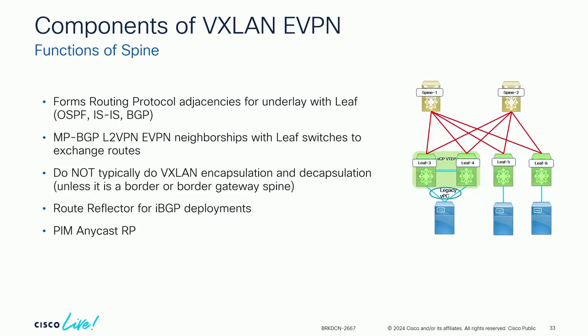We talked about the fact that EVPN is very much based on BGP, and route reflectors, as we know in BGP, are responsible for learning and distributing routing information. So as we learn host routes at the leaf level, we will announce them to the spine, and the spine will radiate them out to the rest of the leafs. And that's how we announce and advertise all of the host reachability in the fabric.